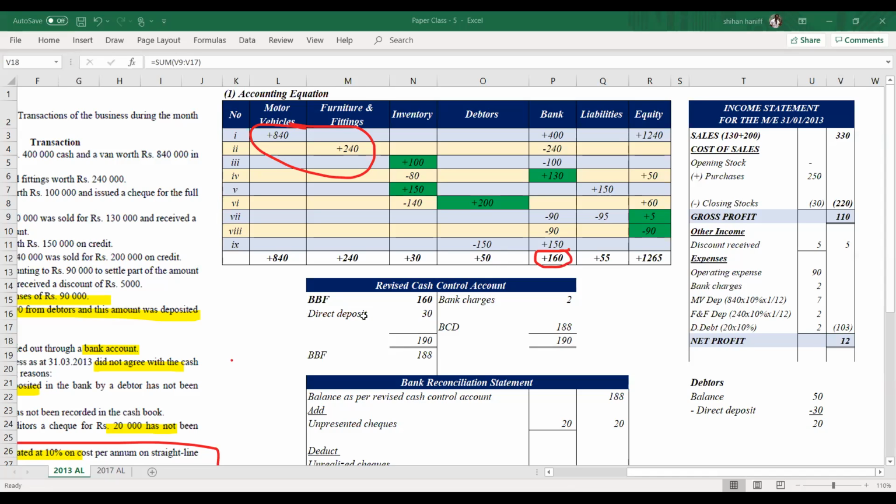Because there is a direct deposit which is not recorded in the accounting equation. This direct deposit is not here. That's why we have to deduct. So we get the net profit as 12,000.